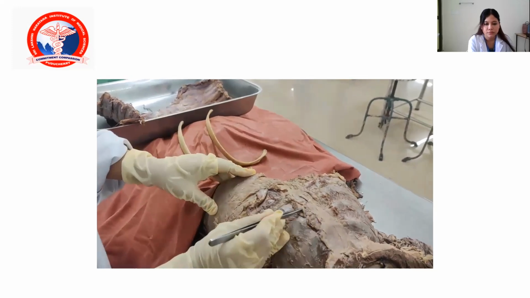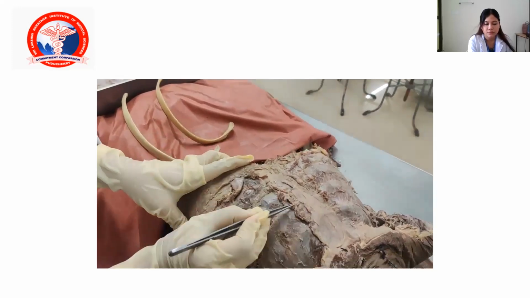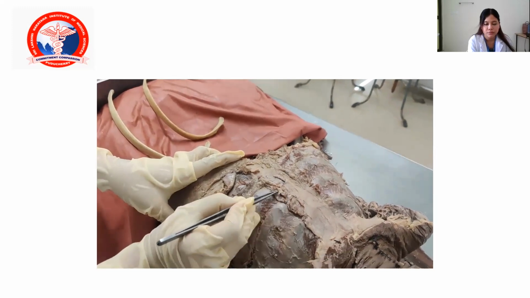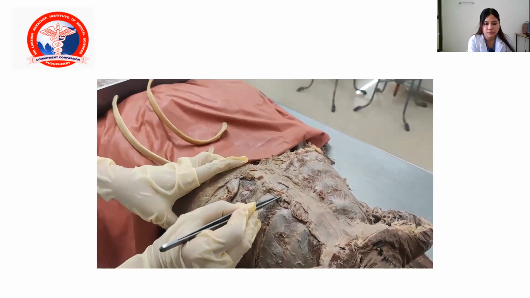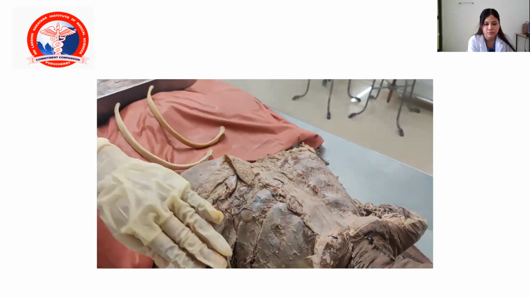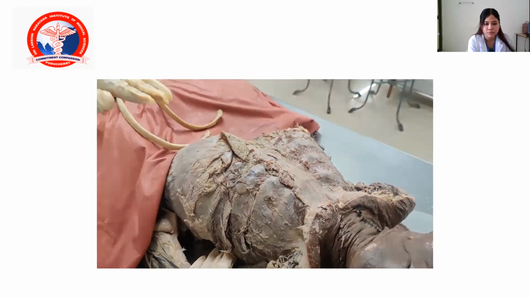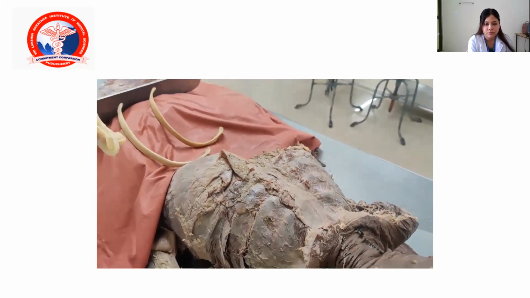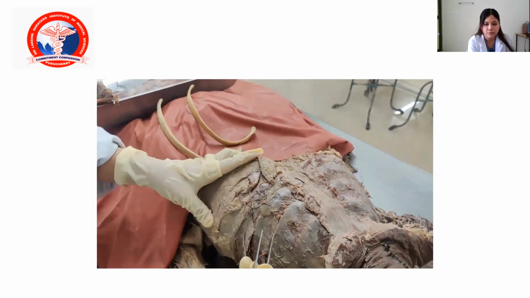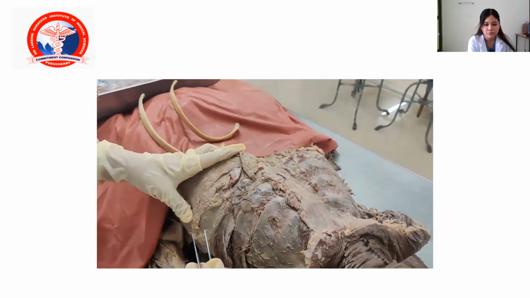Anteriorly, it is bounded by the lateral margin of the sternum. Posteriorly, I am going to show here, it is bounded by the side of the body of the thoracic vertebra. So this is about the boundary of one intercostal space.